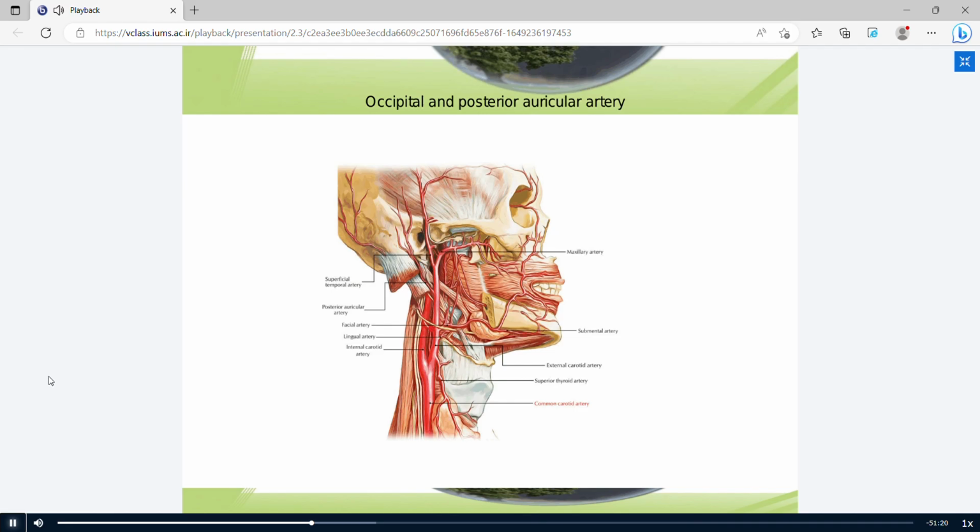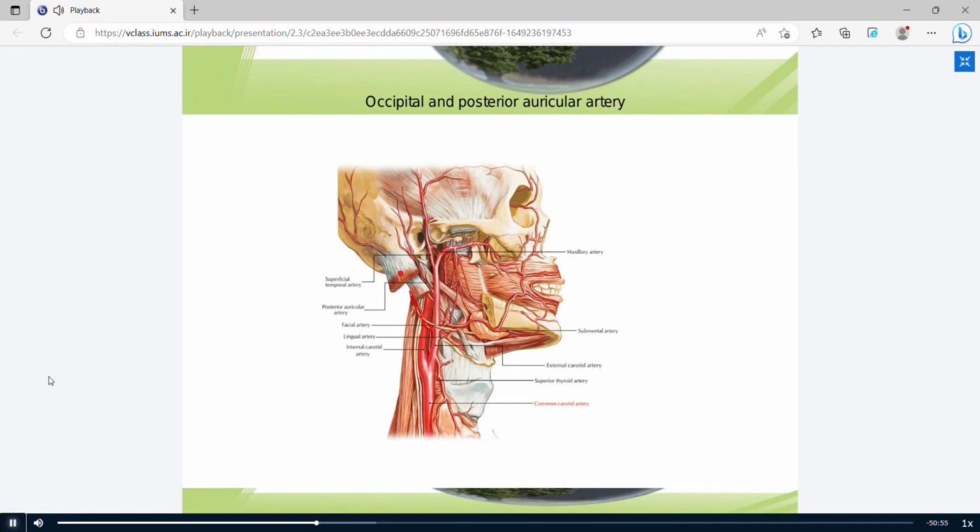This is the occipital branch, arising from the posterior surface of the external carotid and going to the occipital region. It passes deep to the SCM and the posterior belly of the digastric.